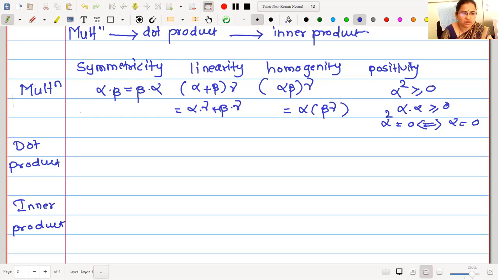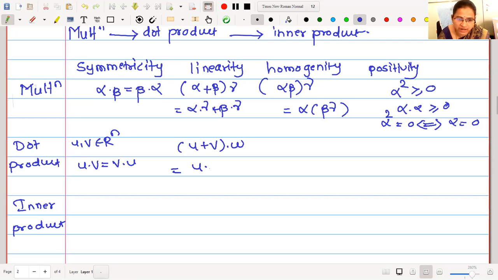Let us see whether all the properties are true in a dot product or not. If we have two vectors u and v in Rn, then in a dot product, symmetricity holds. That is, u dot v is equal to v dot u. This is true. Next, what about linearity? Suppose we have three vectors, (u plus v) dot w.